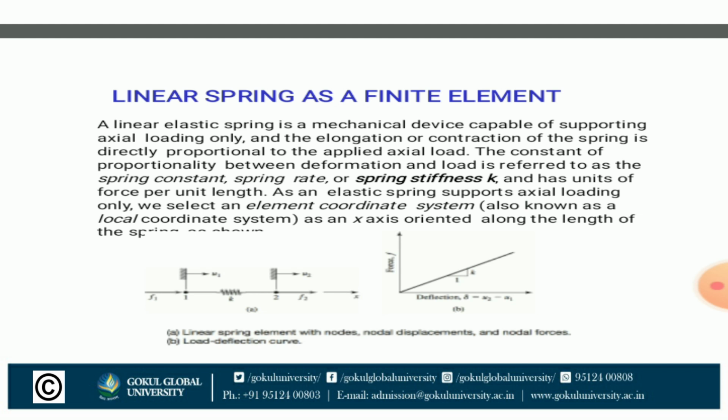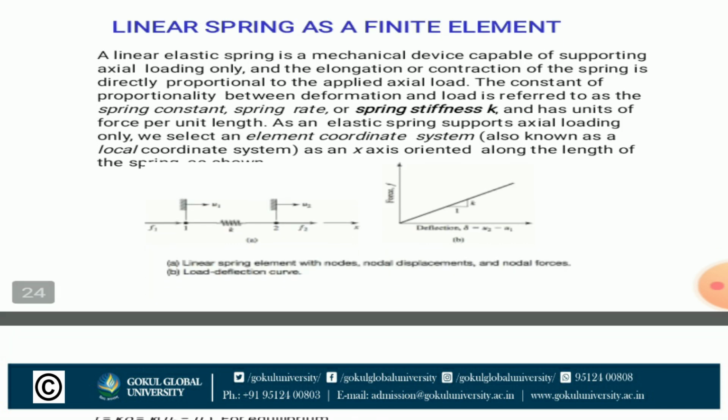As an elastic spring supports axial loading only, we select an element coordinate system, a local coordinate system, with an x axis oriented along the length of the spring, as shown, we can see that.